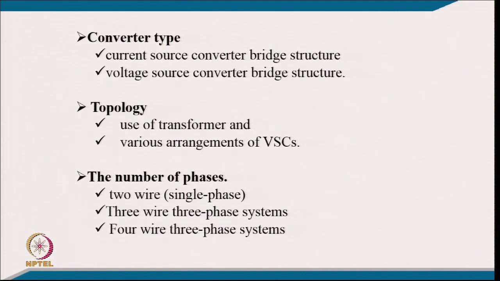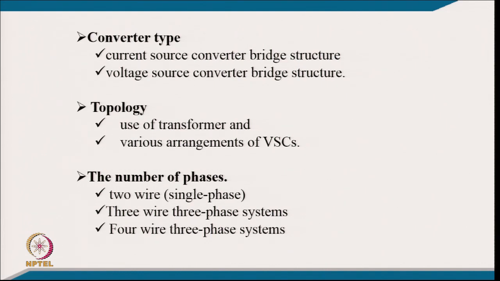We use a transformer for high voltage, maybe traction applications, or in industry of very high power rating. But in a normal distribution system, we can avoid the transformer because it adds extra cost as well as weight. If the voltage does not have to be stepped much, there is no need for a transformer.